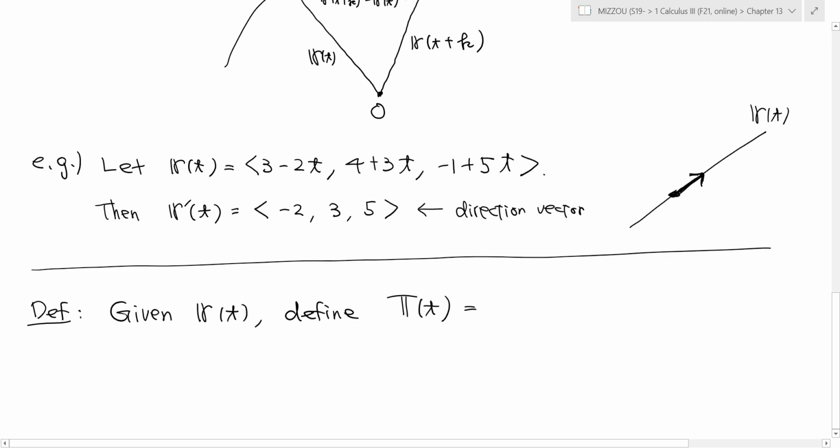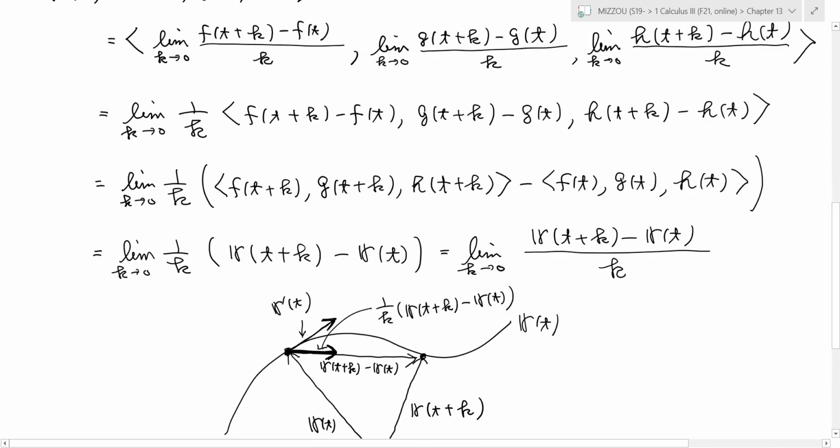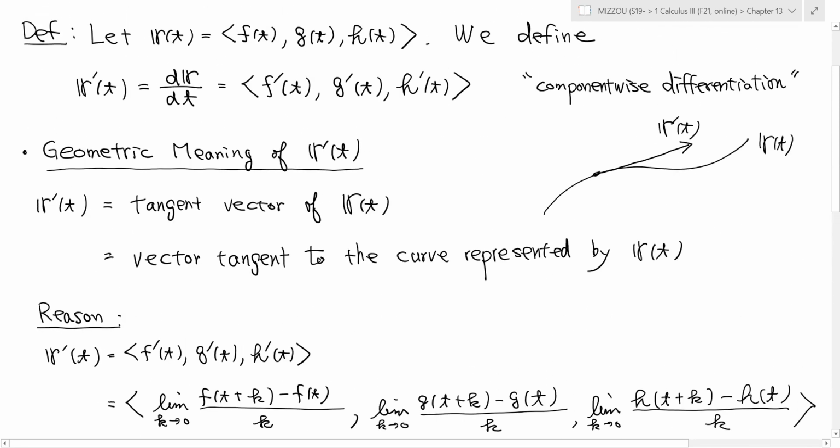So let me just, I need more space. It's written like this. And then this is a unit tangent vector. So the idea is, like I said, if you compute the derivative, you get the tangent vector, and then you just shrink or extend the vector to make it a vector with length 1.